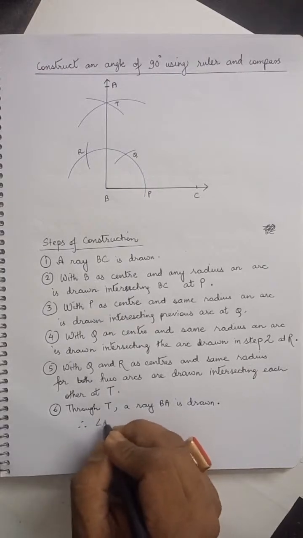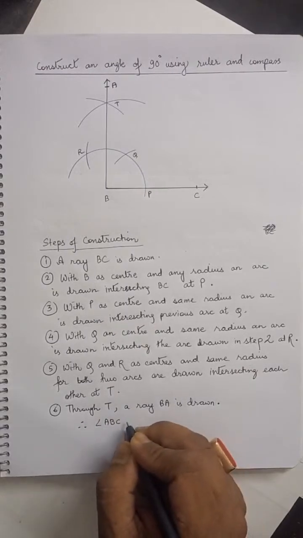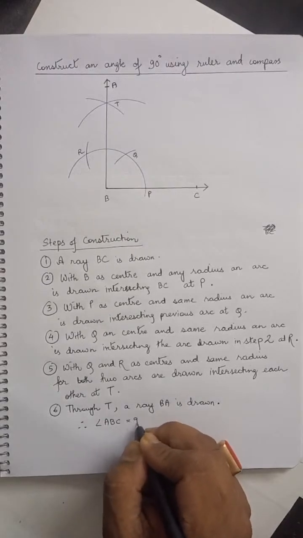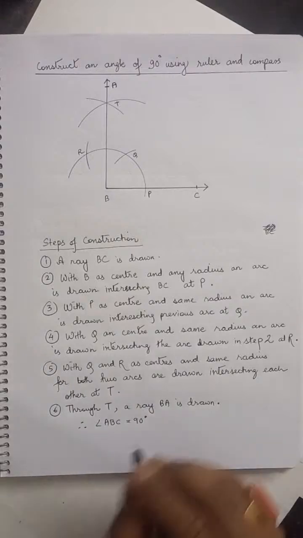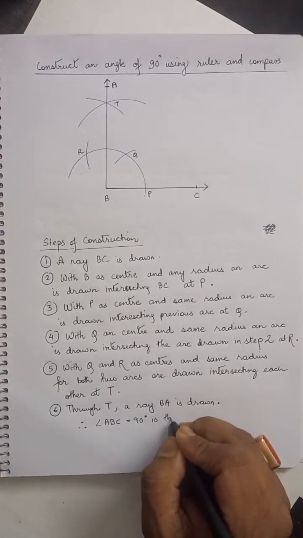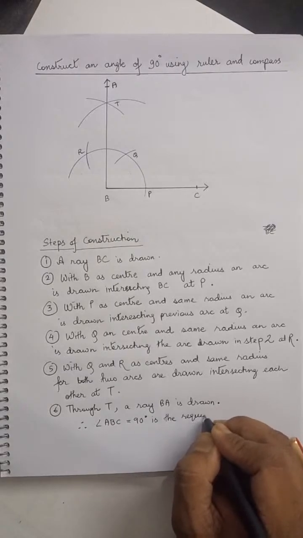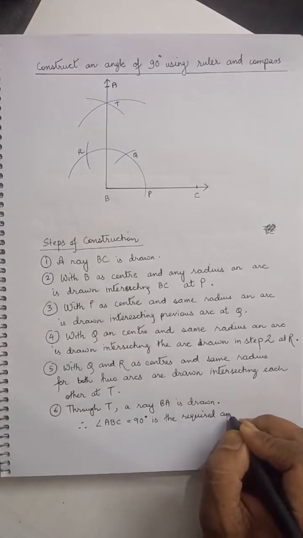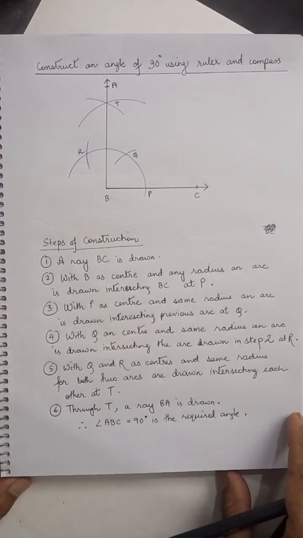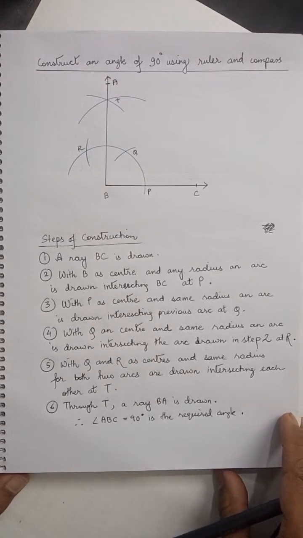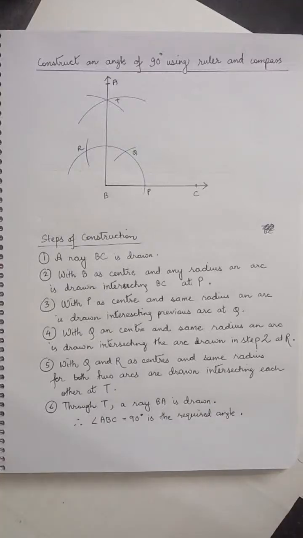Therefore, angle ABC equals 90 degrees, or you may add is the required angle. So this is our construction. In case you have any doubt, this stream will be saved as a video once the live stream is over. You can just refer to it.